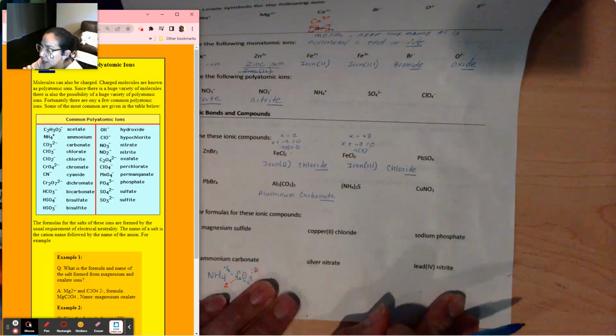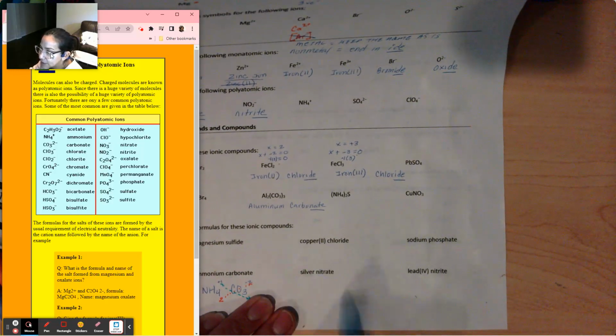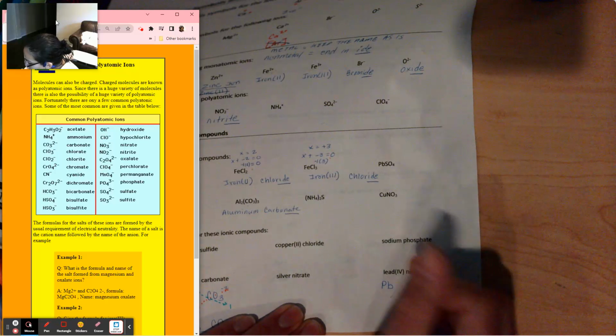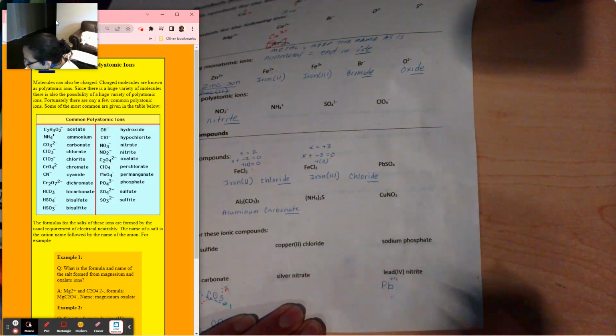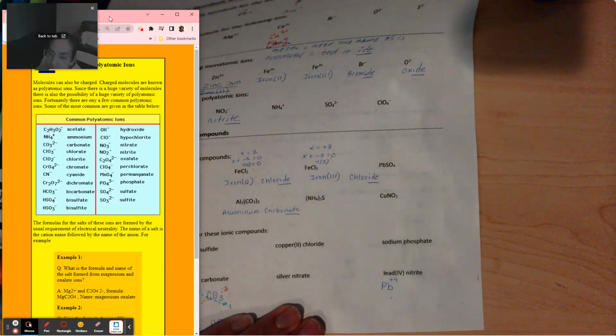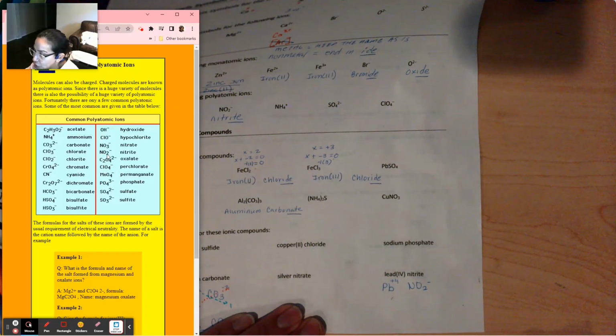Okay, let's look at one more here. Let's do lead nitrite. Lead is Pb, and this lead happens to have a +4 charge. So I'm going to put a +4 so I don't forget. And this is nitrite. So if we look for nitrite on here, it is an NO2 with a -1 charge.